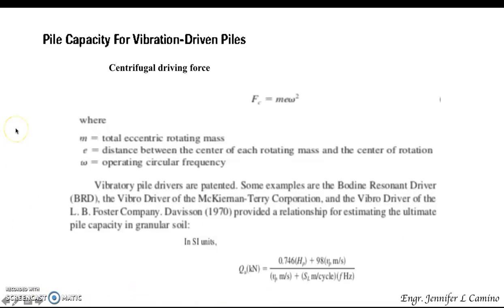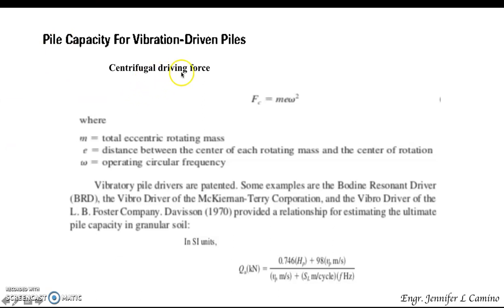Then we move on now to pile capacity for vibration-driven piles. So basically, vibration-driven piles are piles that are being driven into the ground by vibratory hammers.